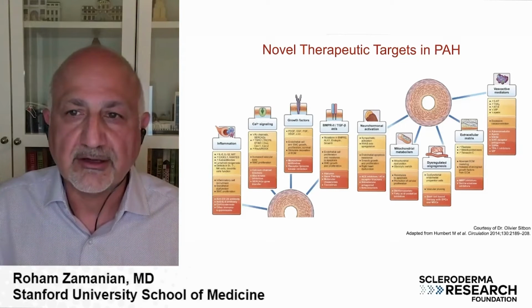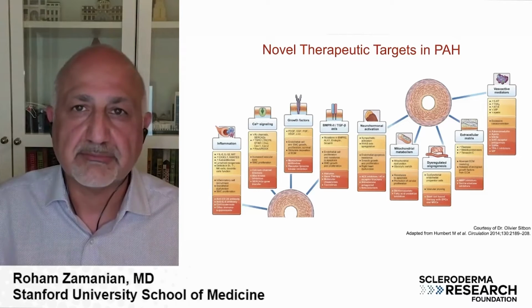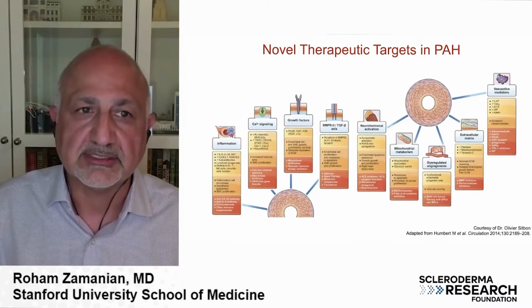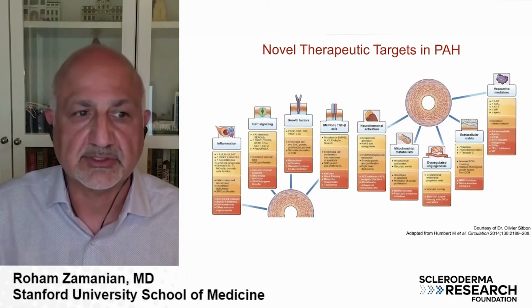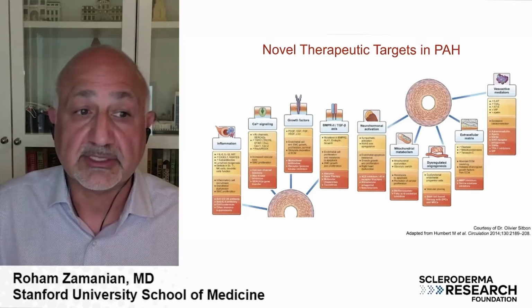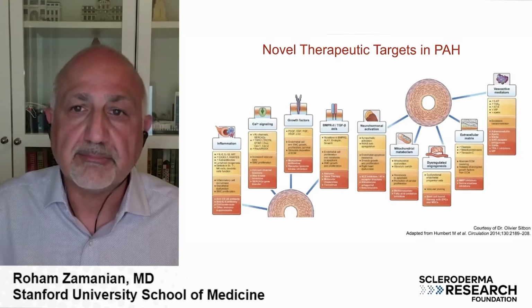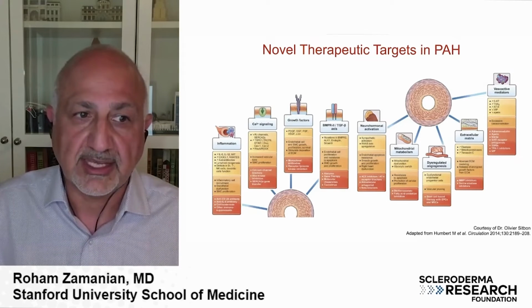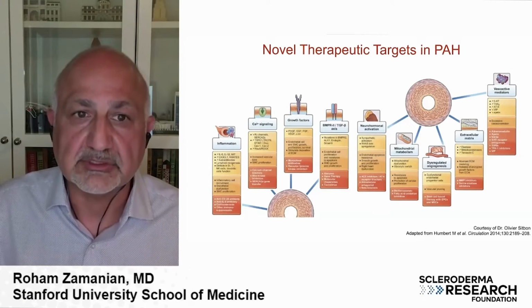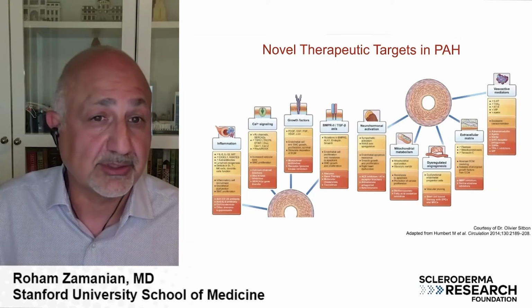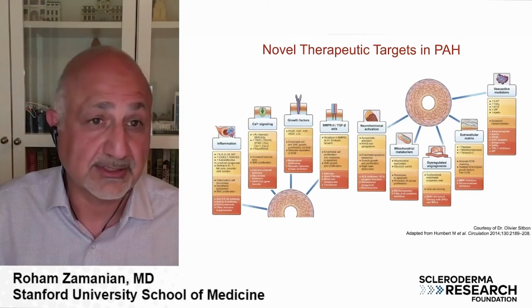We know that obviously inflammation is a major player and autoimmunity is a major player in systemic sclerosis. Well, now we have therapies that we're testing that their mechanism of action is through impacting that inflammation and impacting the immune cells that are responsible for the inflammation and autoimmunity that is a part of systemic sclerosis.